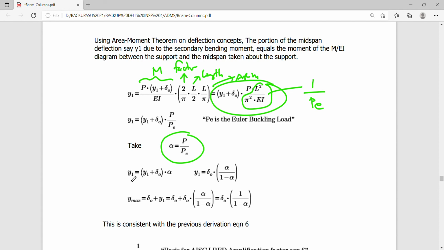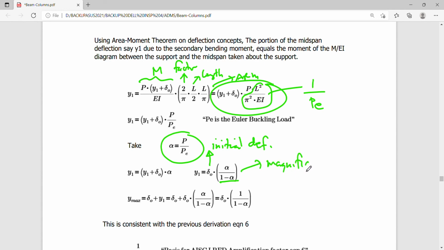But y1 and y1 are the same, so we can manipulate this, factoring out y1. We will have 1 minus alpha on the left side, then cross multiply it, it goes down, and this is simply alpha delta O. Hence, this is now your initial deflection or first order deflection, and this is now your magnification factor.